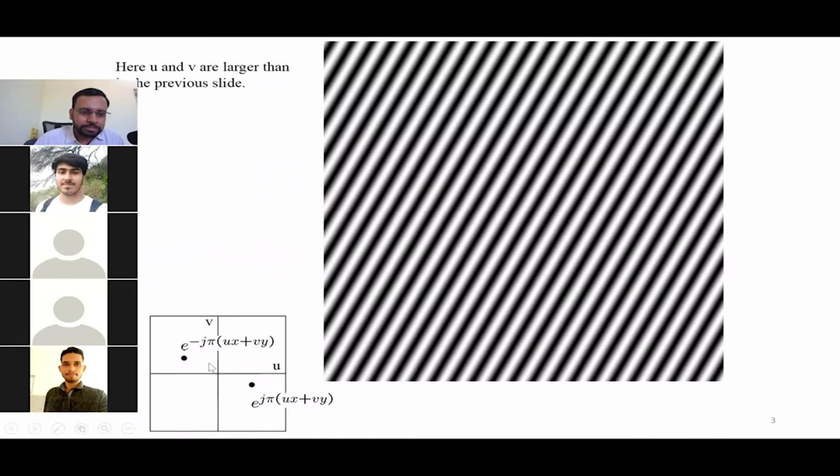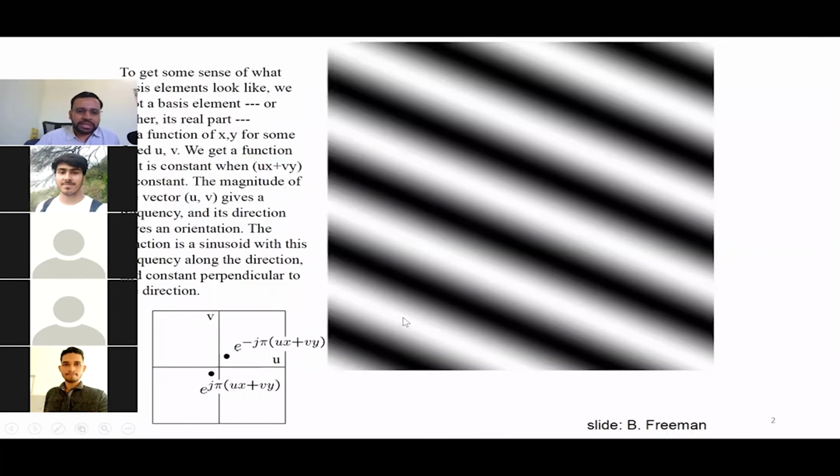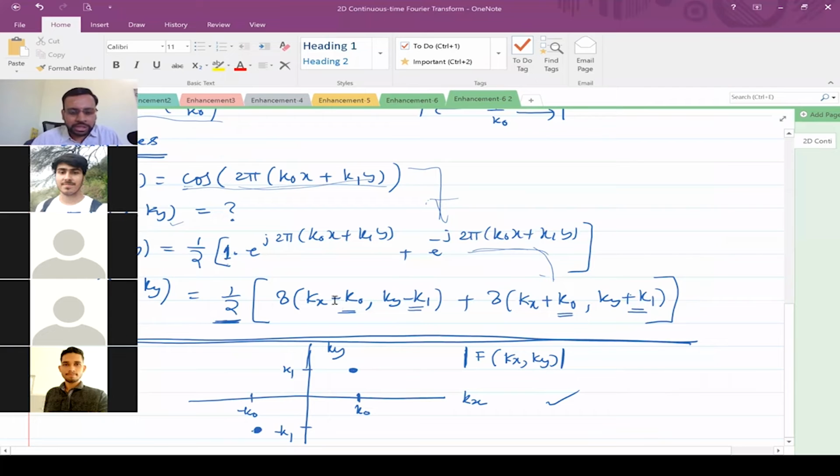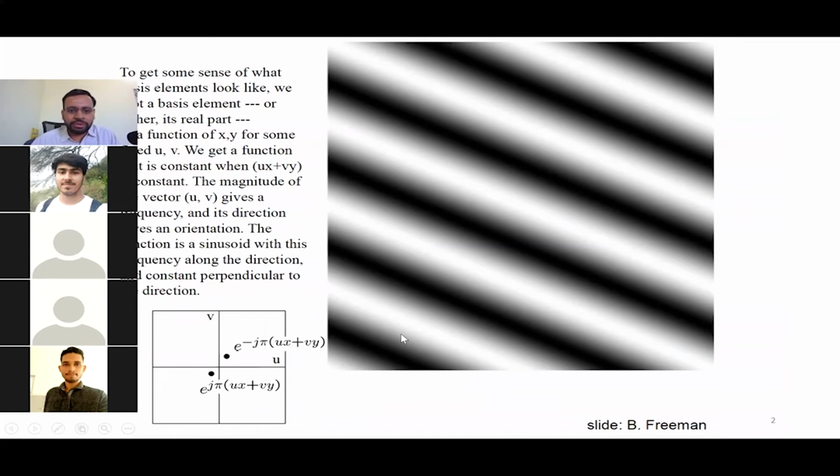And in terms of magnitudes, if your kx and ky are increasing, you could see here the expressions you have, k0 and k1 are increasing, let's say, then this would also increase. This will go farther. So if I give you like this, for example, the orientation is in this direction here, right?